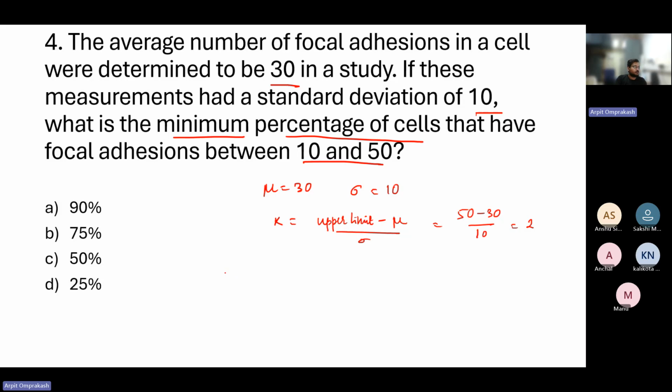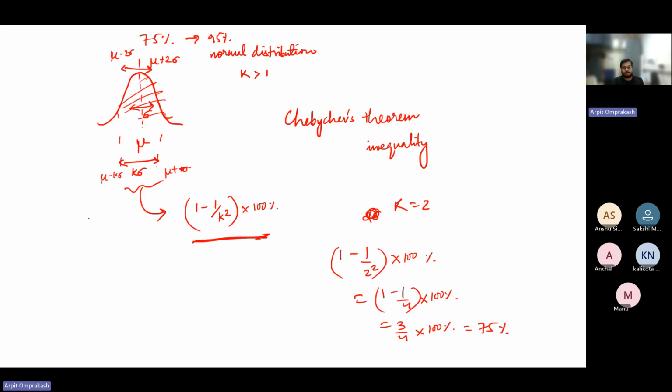The minimum percentage of cells between 10 and 50 will be 1 minus 1/k squared times 100%, and k here is 2. So 1 minus 1/2 squared times 100%. We just did this calculation some time ago. This turns out to be 3/4, and the answer here is 75%. Great.